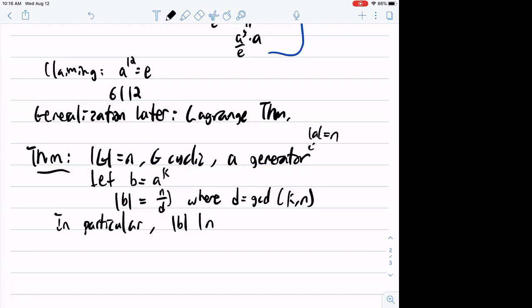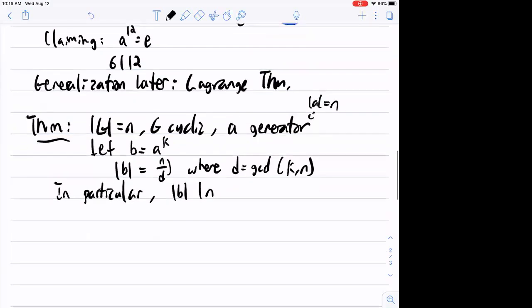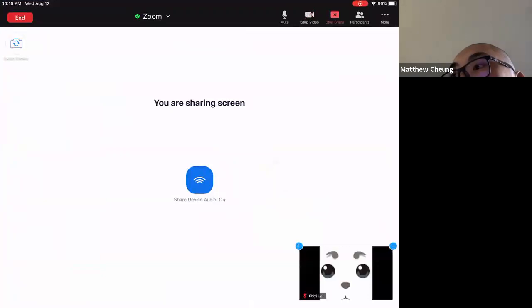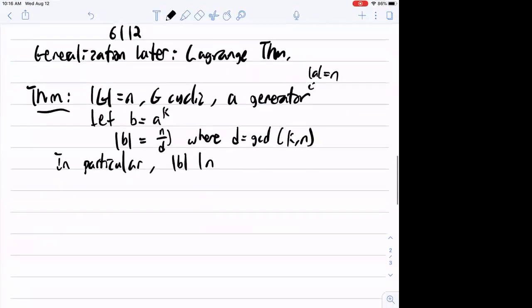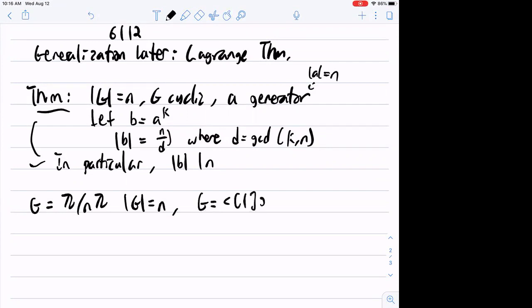Now, really quickly, we could generalize this. So everyone follow? If G is Z mod nZ, let's apply this theorem. The order of G is n, and G is certainly cyclic, it has 1 as a generator. So question: can you find another generator?